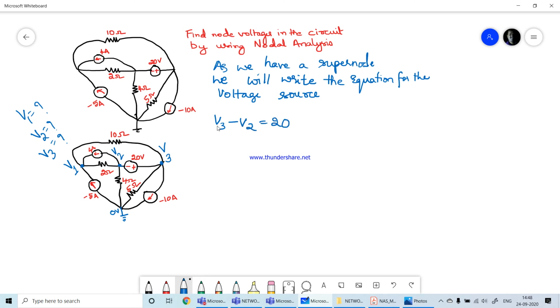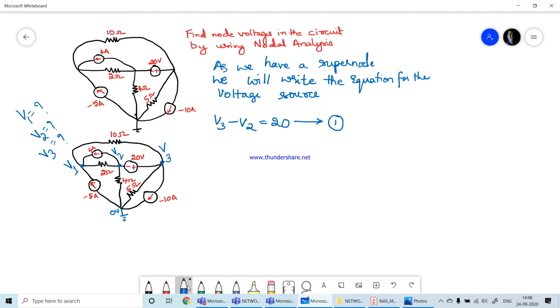How did I write that? The plus terminal of this voltage source is connected to V3, so plus V3, and minus is connected to V2, therefore minus V2, which is equal to 20, and this will be equation 1. Now we need to write the super node diagram.